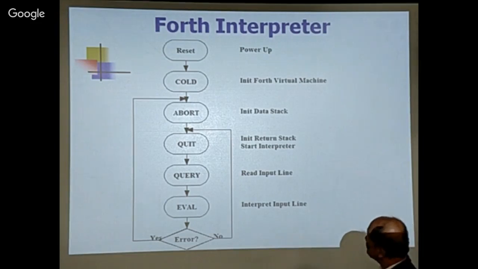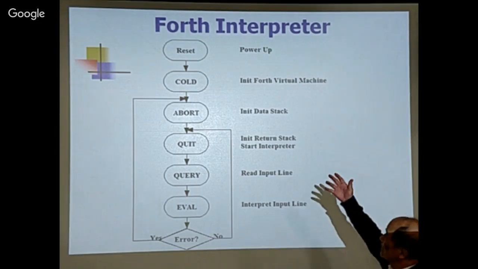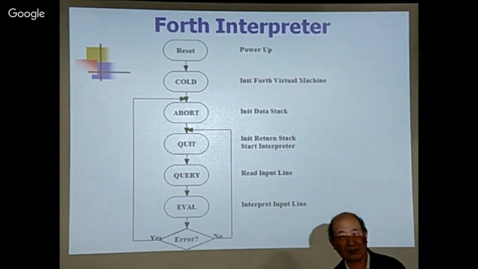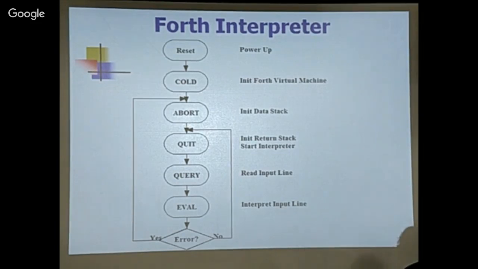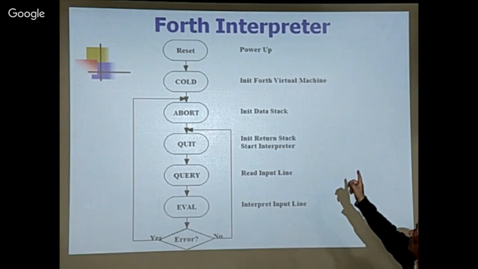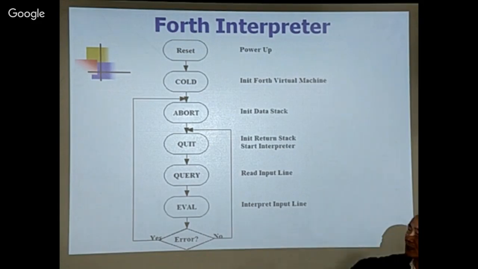Generally, Forth is a self-contained system. It's its own operating system. From the start, if you power it up or hit the reset button, it first goes to code. The code initializes the Forth virtual machine on whatever environment it is.